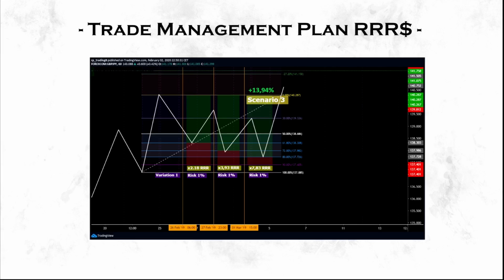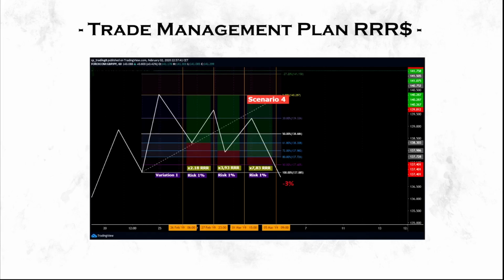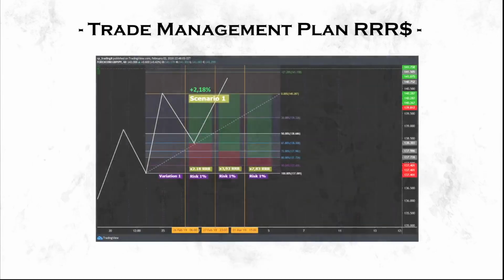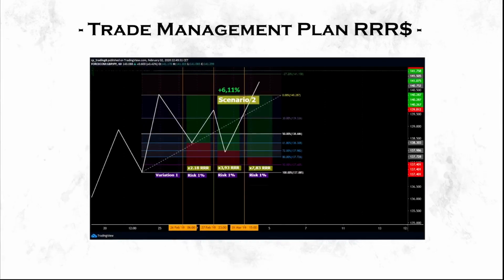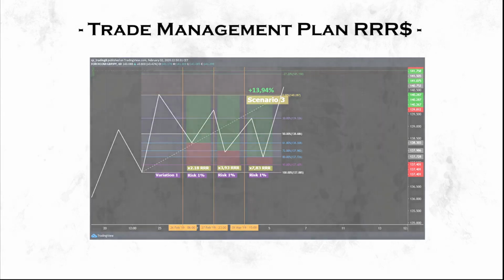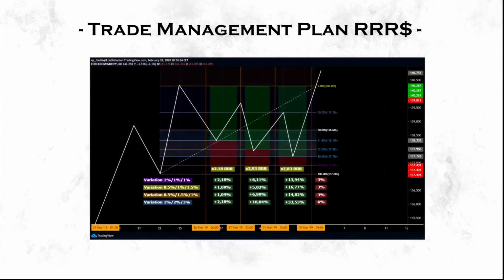Now, our worst case scenario in this case would be a minus 3% loss. Our potential gain for this trade is between 2.18% to 13.94% profit. Alright, now let me give you some more variations that could be great for you as well.